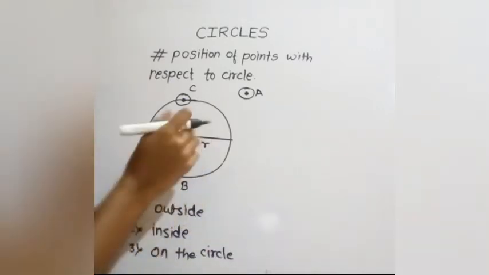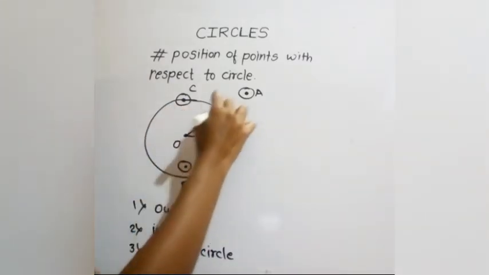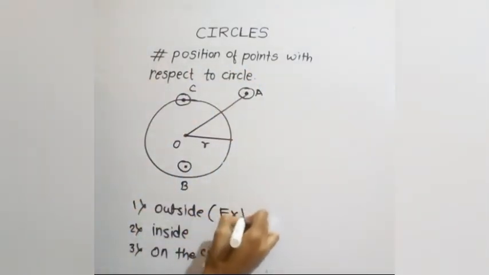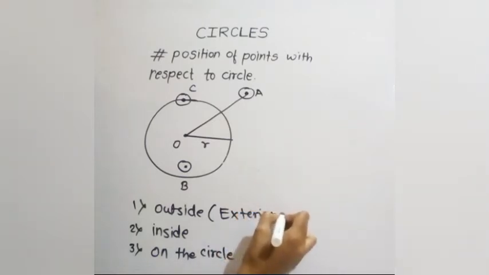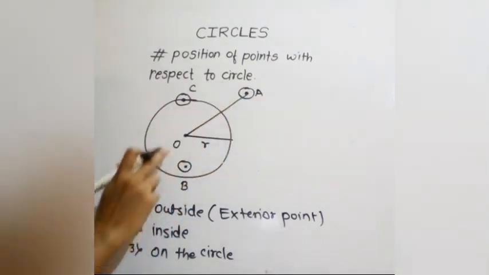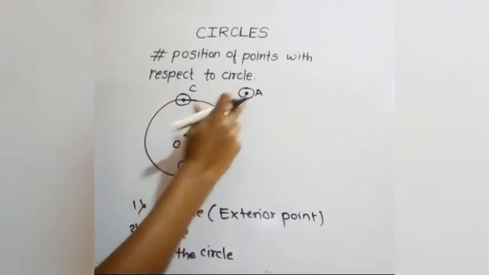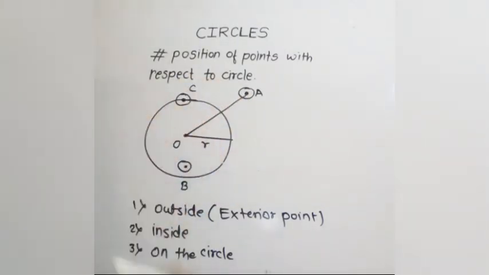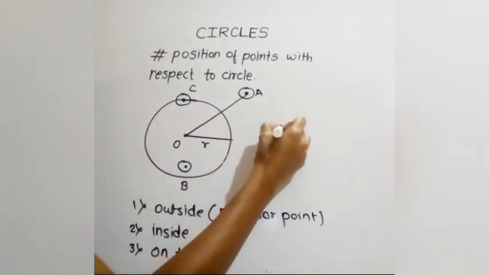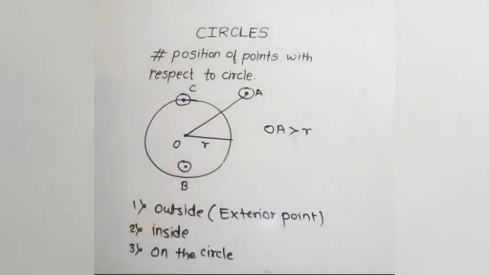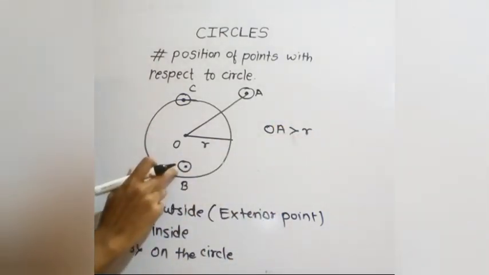If I connect the center with this exterior point, and outside is called exterior, exterior point A, if I connect this OA, then I can conclude that OA is greater than R. It means an outside point's distance is always greater than the radius.